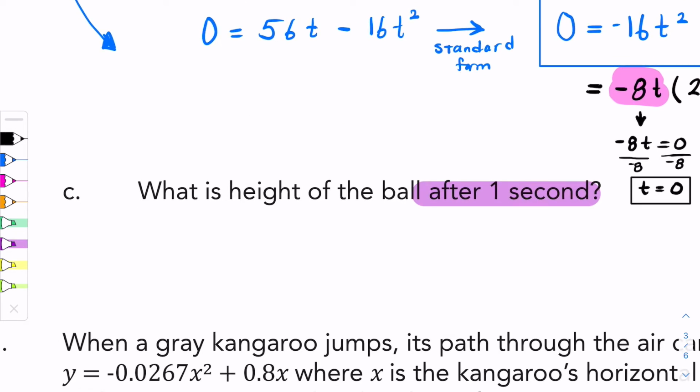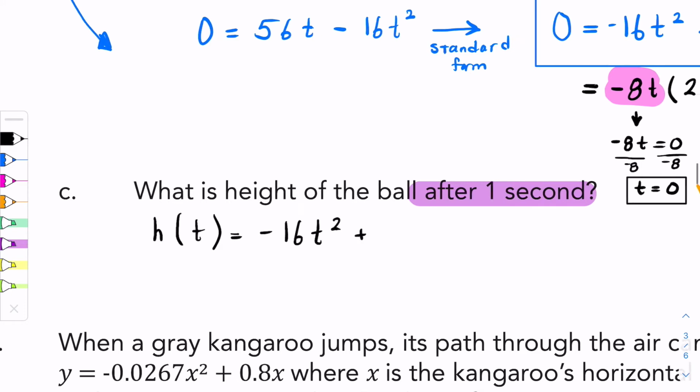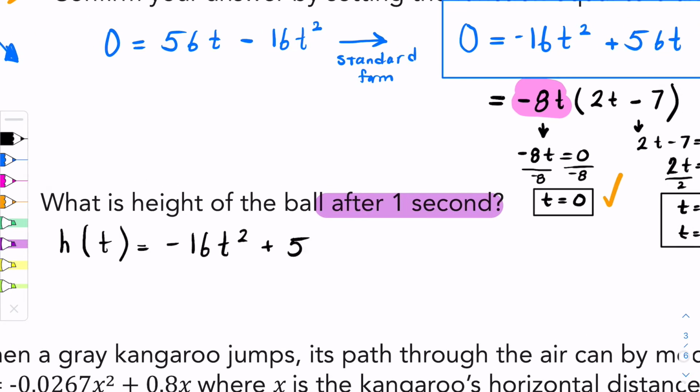So what I'm going to do is I'm going to take my standard form function. If you're wondering where I got standard form from, it's right here. So I'm taking my standard form function.